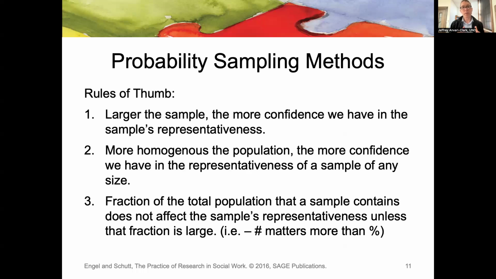Ultimately, the fraction of a total population that a sample contains, the percentage, does not affect the representativeness unless that fraction is large. So ultimately, the number of people matters more than the percentage.